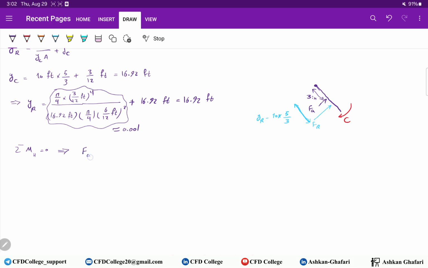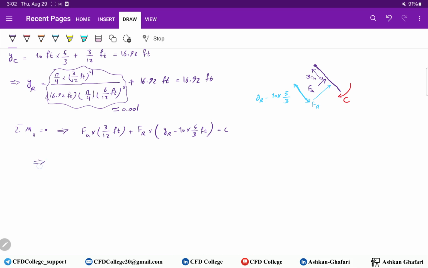FA times 3 over 12 feet plus FR times YR minus 10 multiplied by 3 over multiplied by 5 over 3 feet equals C.